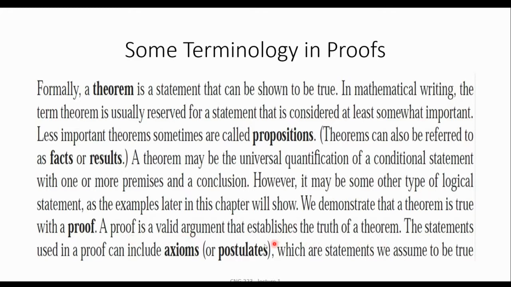So you see, these definitions are pretty close, and from time to time they are exactly the same. But now we know, for example, when we talk about theorems, right after it we talk about proof, which is the valid argument which establishes that. So the statements used in a proof can include axioms, which are statements we assume to be true. That exactly shows the difference between facts and theorems, because we have some assumptions in theorems.